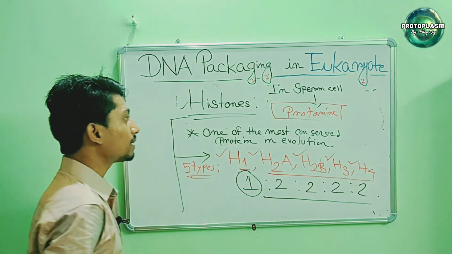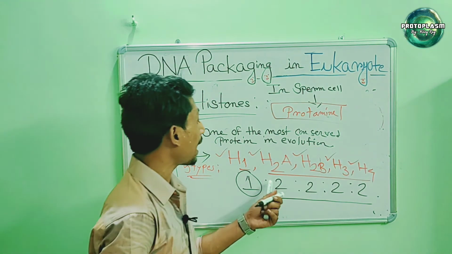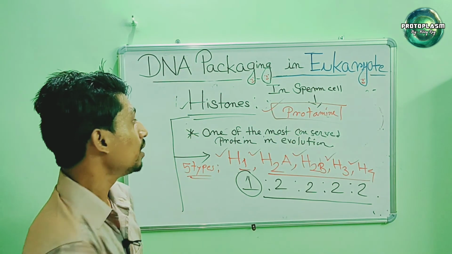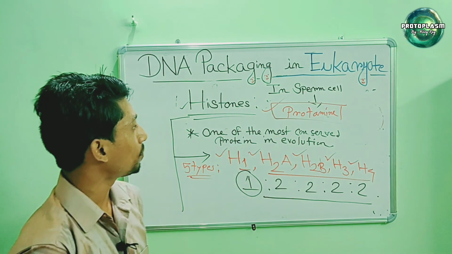In sperm cells, the histone protein is replaced by another class of protein that is known as protamine. This is very important from the examination point of view.